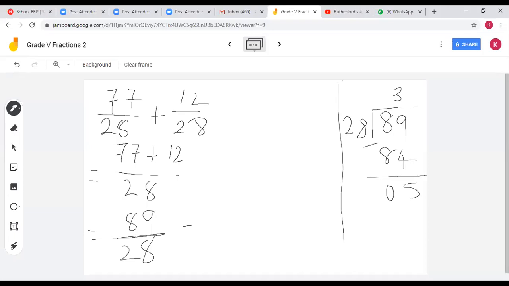So the final answer is: this 3 is the quotient, so that is the whole number. Then this is your remainder, which becomes your numerator. And your denominator is the same. So 3 whole 5 upon 28 is your final answer.